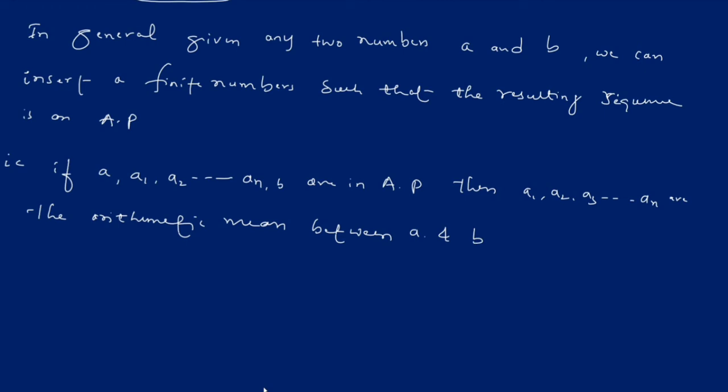Got it now? If you insert any finite numbers in between any two numbers a and b, then the in-between values are nothing but our arithmetic mean values.